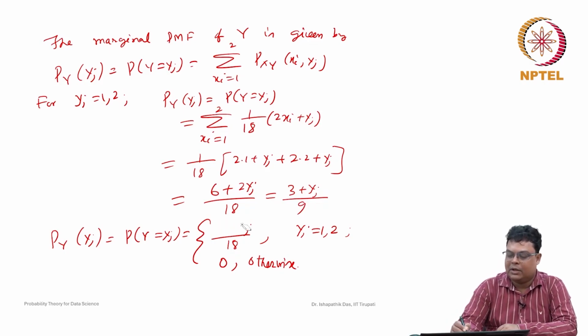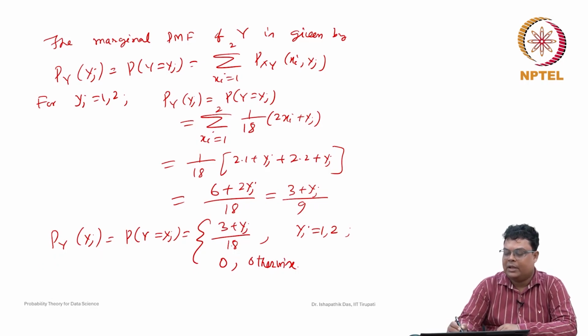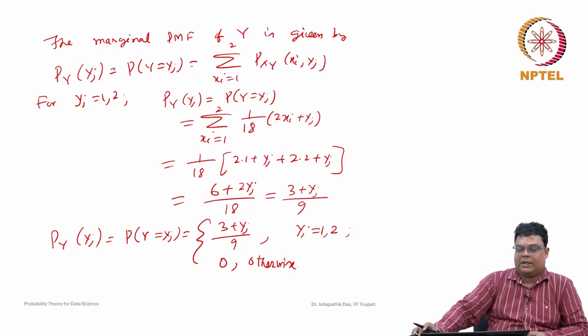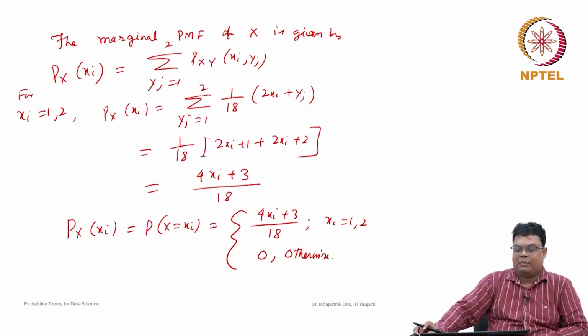Actually I made a mistake, it will be 2 yj, so this will be 3 plus yj by 9. That's why I just check it, because if it is a probability mass function, if you take the sum over yj, then it will be equal to 1. So yj equal to 1, then 3 plus 1 is 4, and yj equal to 2, then 3 plus 2 is 5. So 5 plus 4 is 9, so 9 by 9, this will be 1. So this is correctly mentioned. So this is the marginal probability mass function of yj.